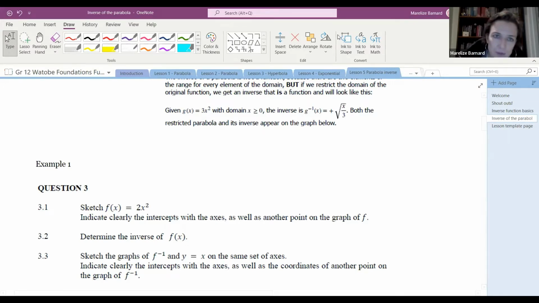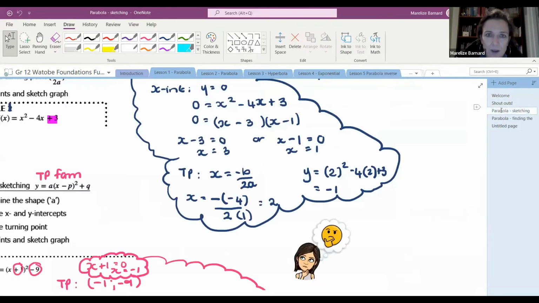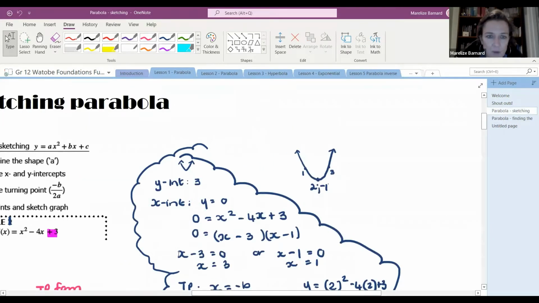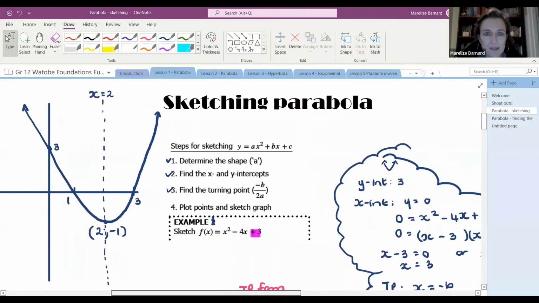Maybe I can put up the notes from when we were sketching parabola. We said when we sketch, we need the shape, we need the x-intercepts, the y-intercepts, turning point.